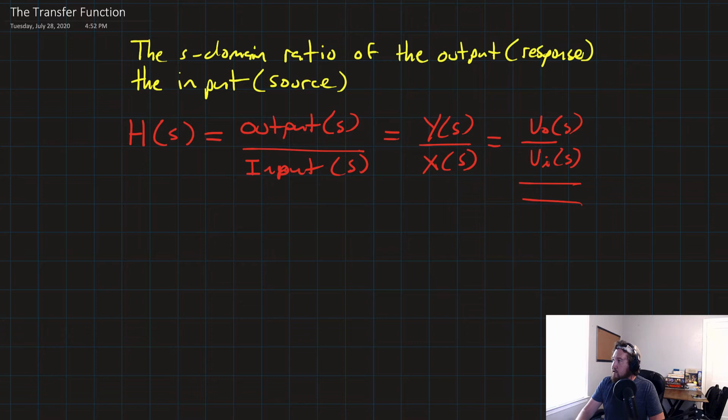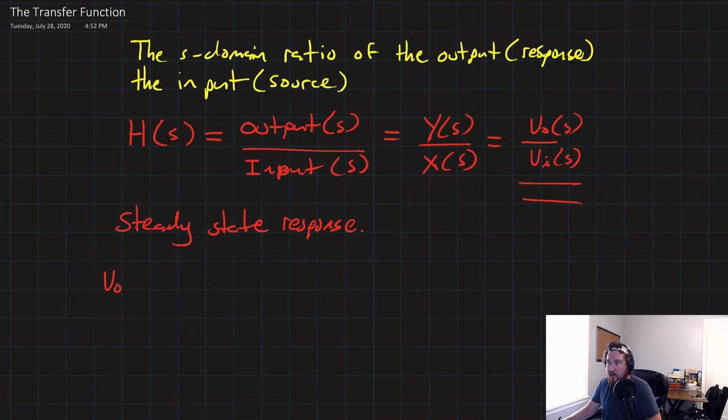There's one last equation though before we go ahead and work out our full example, and that is if we want to know the steady state response of the output. Say, for example, we're interested in V out, steady state, as a function of t. It's going to be defined by this equation: A, the original input voltage amplitude, times the magnitude of H of j omega.